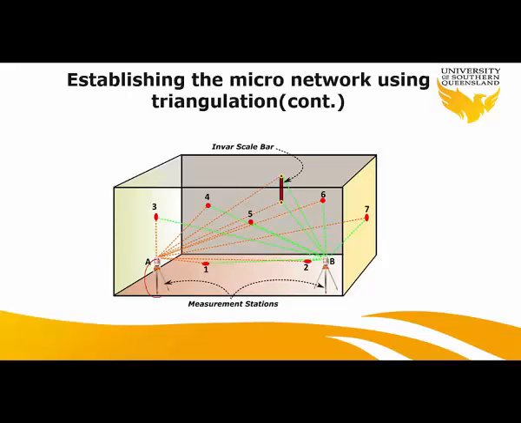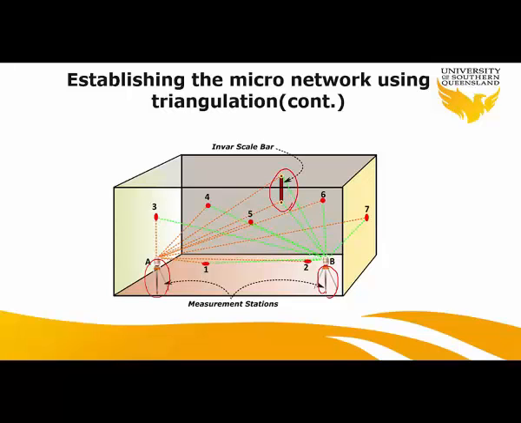So I have A and B as known control points or measurement stations. Say we find that these locations are the optimal distance to achieve the best accuracy. Then we measure to points 1 to 7, both vertical and horizontal. We also have the invar scale bar.